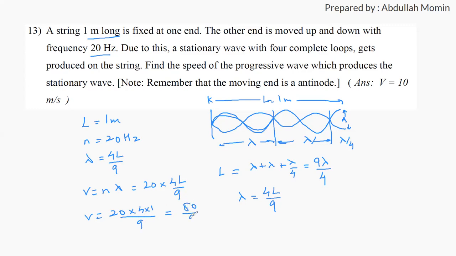So 80 upon 9, and you will get the answer: 9 ones are 9, 9 eights are 72. So 8.88 meter per second, that is the velocity.